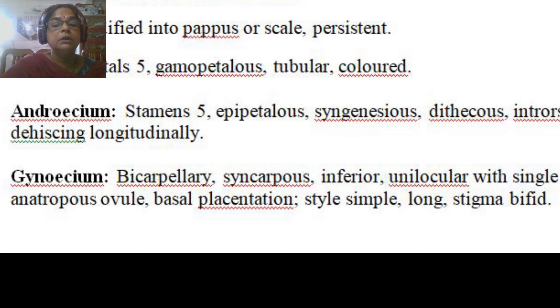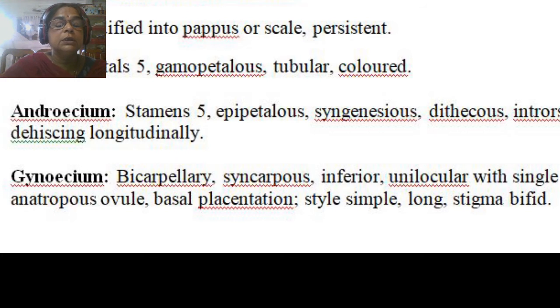Then androecium, number of stamens is 5. Epipetalous, they are attached with the petals. Syngenesis, the anthers are fused but the filaments are free. This condition is known as the syngenesis condition. Anther diphthecous, introrse, dehiscence longitudinally.